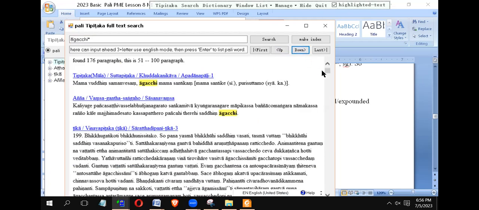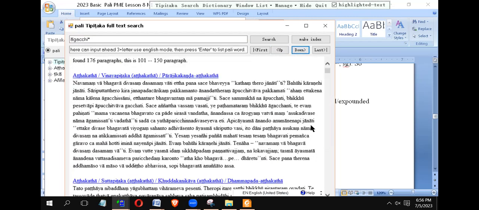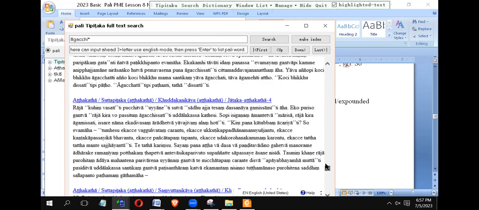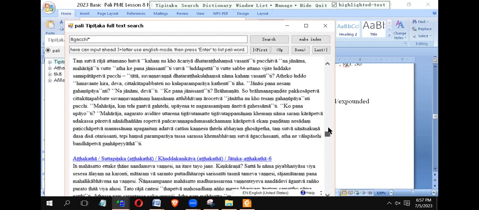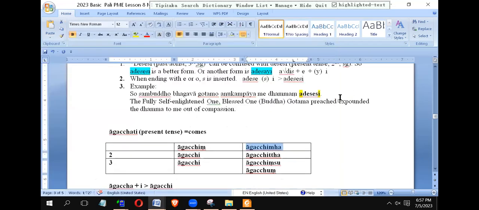Agachi. Another one in yellow color. Agachi, I think the third person is more popular here. Not sure on the first person. But agachi is very popular. I am just not sure about agachimsu. It is shown already, right?